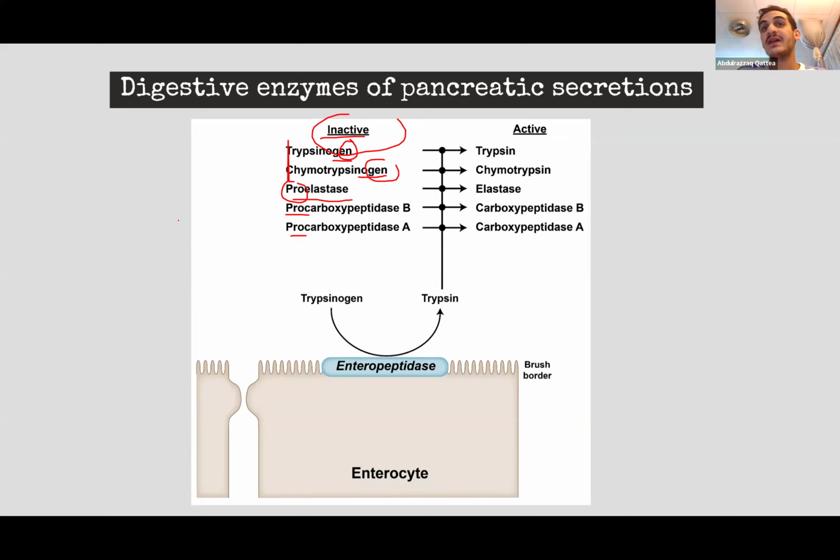So when we have lipase eating the pancreas, there will be something called pancreatitis. We will come to this concept, but just know that the inactive form will be activated by trypsin, and trypsinogen is converted to trypsin by enteropeptidase.